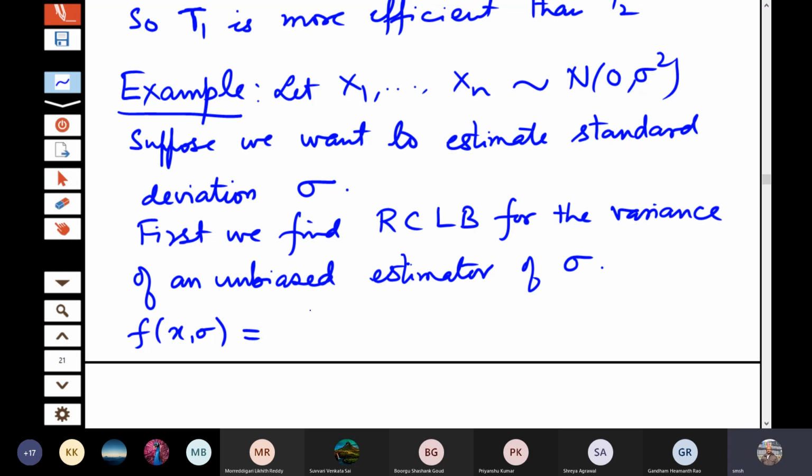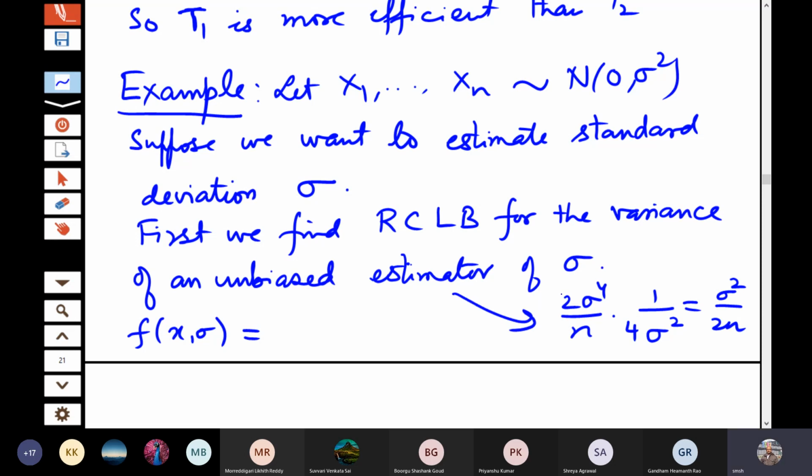So here that is 2 sigma to the power 4 by n. If I am considering the square root of that, I will get the square root of sigma square. So the derivative of that will be 1 by 2 sigma square to the power half. If I put the square of that, I will get 1 by 4 sigma square. So this will give me sigma square by 2n.